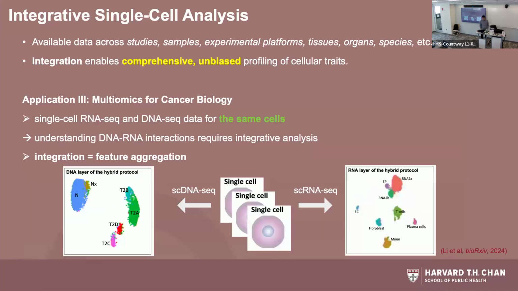And the third example is the single-cell multi-omic research for, let's say, cancer biology. In this case, for each individual cell, we not only have a measurement of one modality like gene expression or chromatin accessibility, we can have more advanced technology so that multiple molecular features are captured for an individual cell.